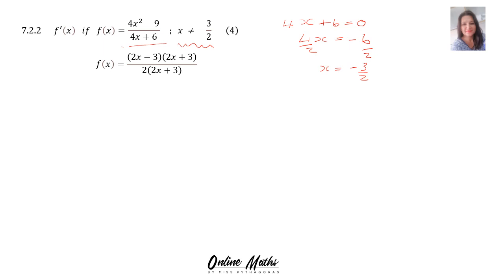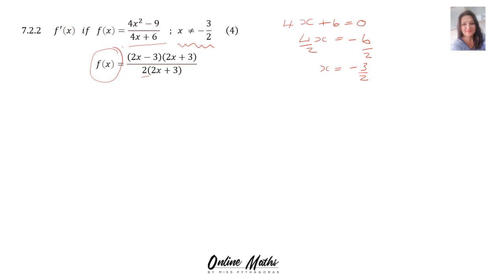So I wrote it as 2x minus 3, 2x plus 3. And at the bottom, I factorized by taking out a 2 as a common factor. And please note, can you see here on the left, it's still f of x. Don't write f dash x yet, because you are not finding the derivative yet.